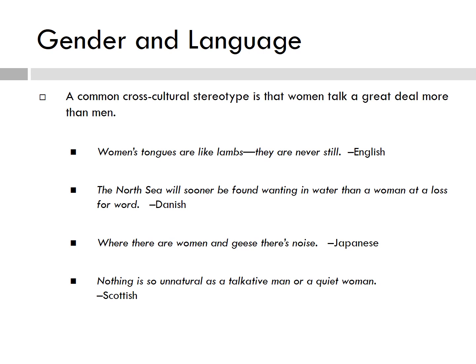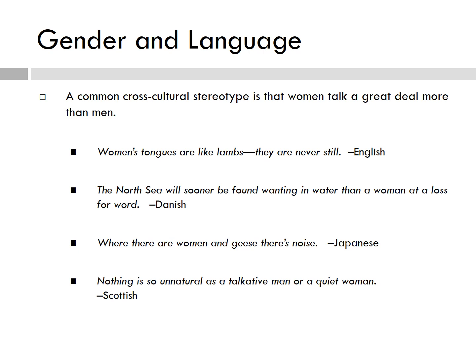Regarding gender and language, in the U.S. there is the common stereotype that women talk a great deal more than men. But this stereotype isn't just found in the U.S. As these cultural aphorisms show, the idea that women talk more than men is a stereotype that spans cultures and continents.